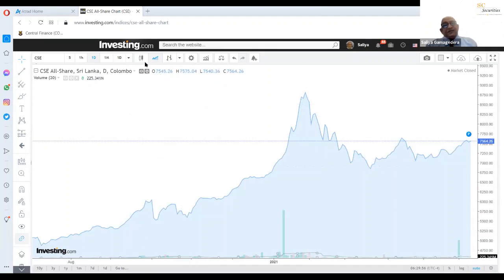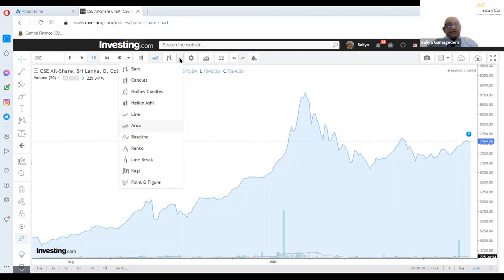Those styles can be selected by clicking onto this down arrow like this. You have different styles of chart patterns over here. The popular chart patterns are the bar chart, the candlestick, and the line chart.